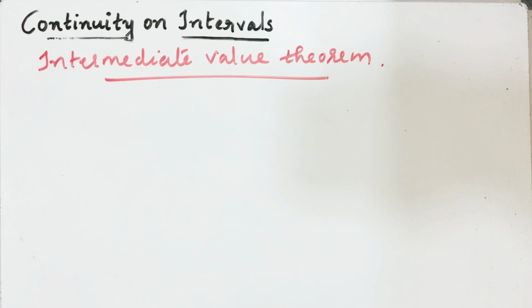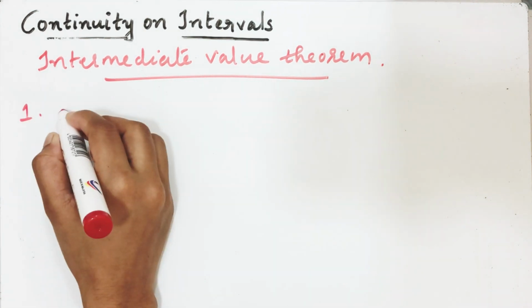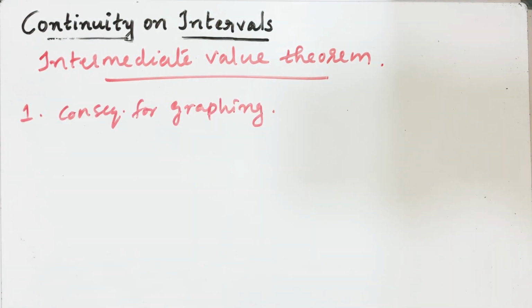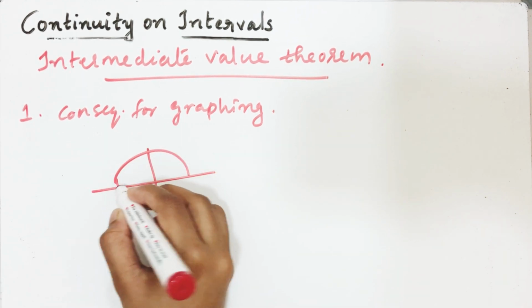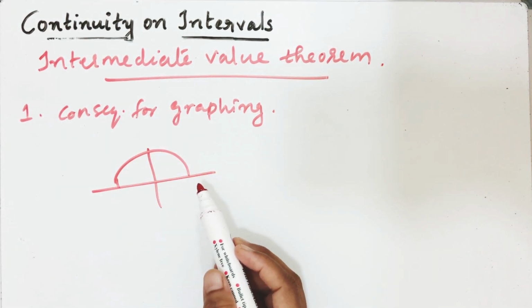Now we can see two important consequences of the intermediate value theorem. We know that graphs of continuous functions are connected. They cannot have any breaks. We can see the graph of a semicircle. It is connected, no breaks.